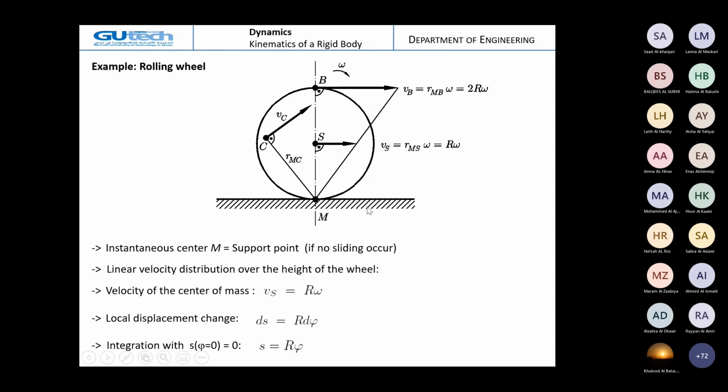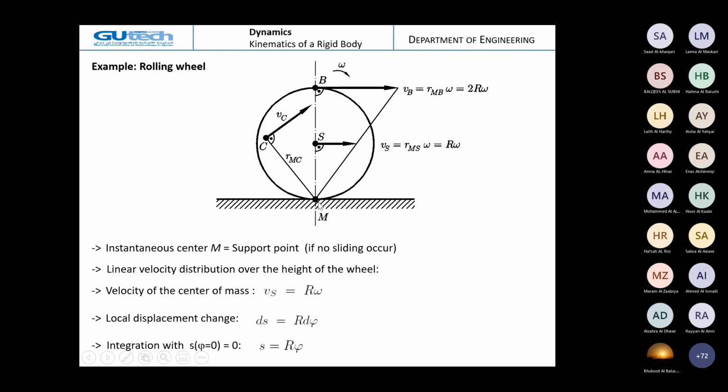If no sliding occurs, which is very important, there is only the rotation but there is no sliding. Let's say this wheel does not translate like this, it only rotates.